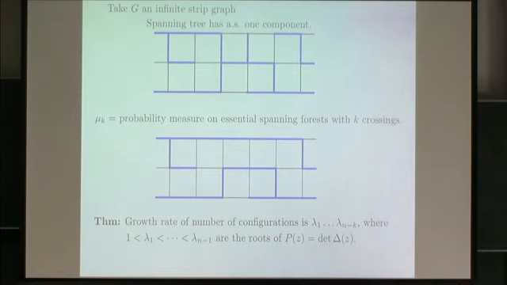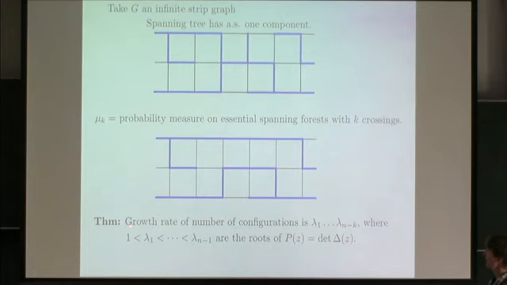I call these essential spanning forests with k crossings. So I have k components, each of which is a tree and has two ends, one in each direction. The spanning tree is a special case, and mu1 is just the usual spanning tree. This is a part of a mu2 configuration.